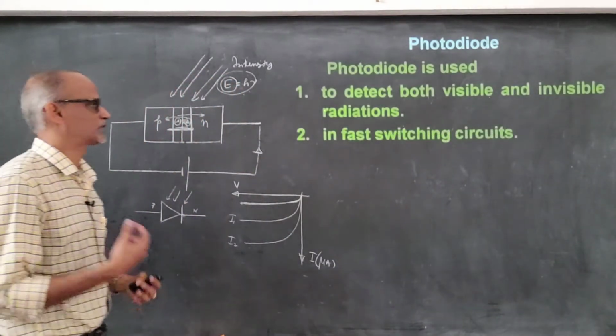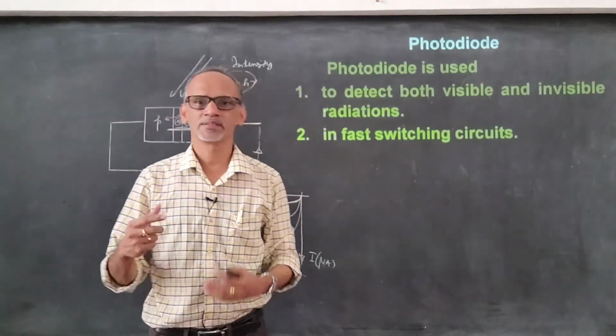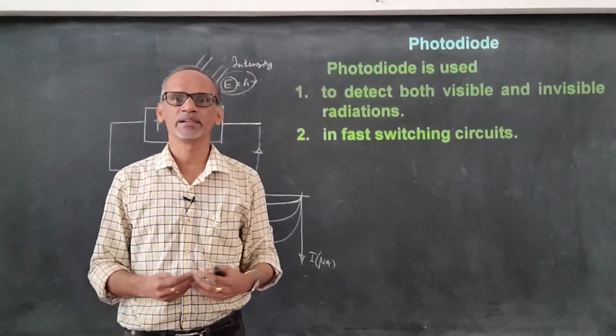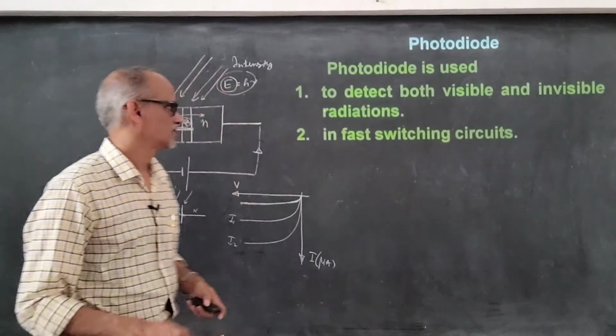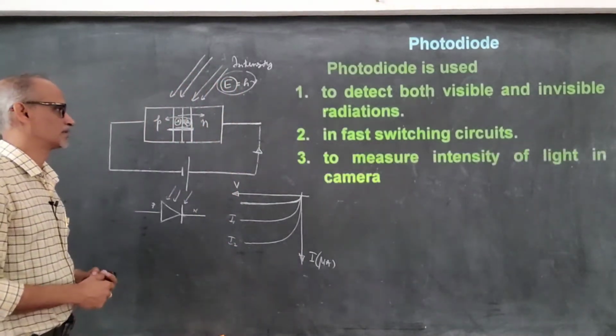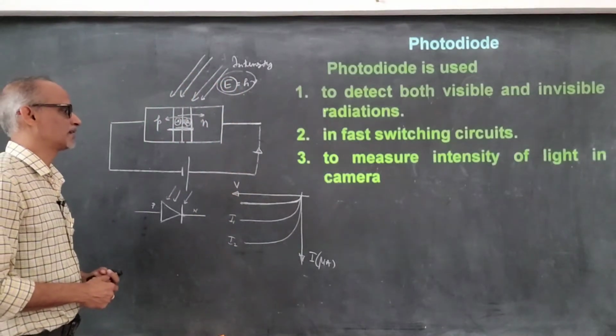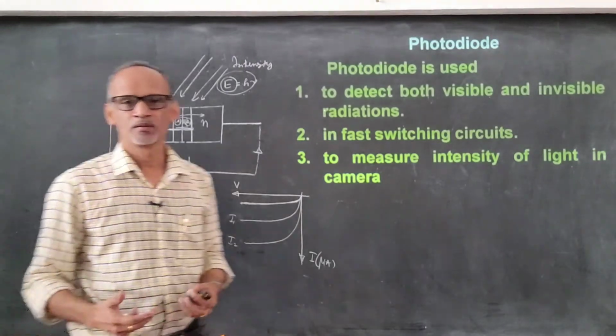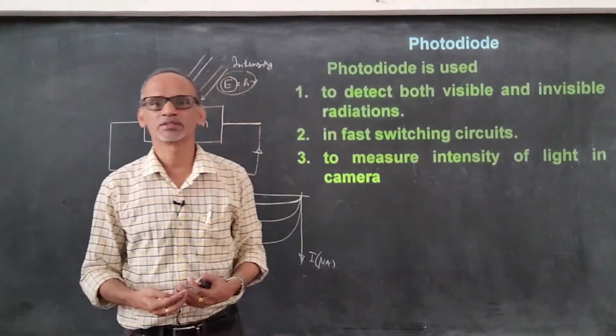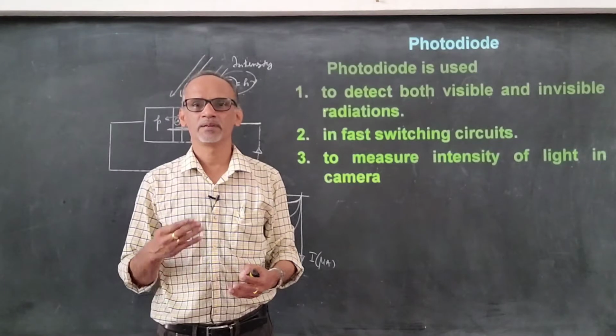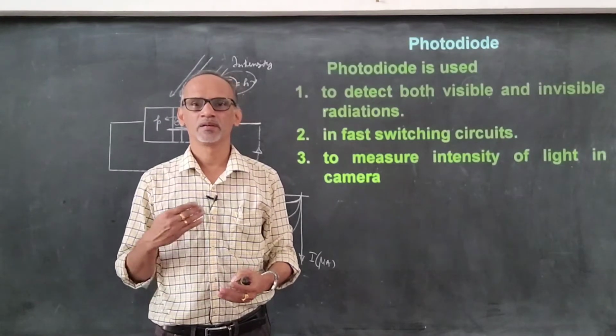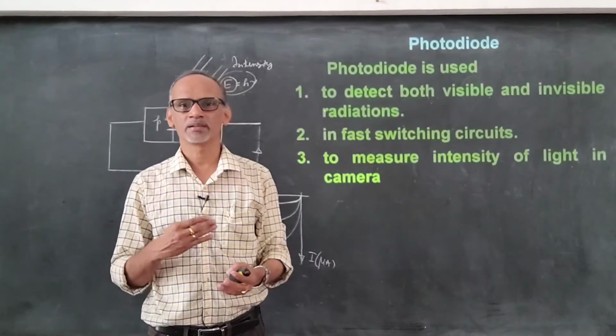In fast switching circuits, since it measures the variation in the intensity of the light, it is used in fast switching circuits. To measure the intensity of the light in cameras: in all digital cameras, we have a provision where there is an automatic flash option.